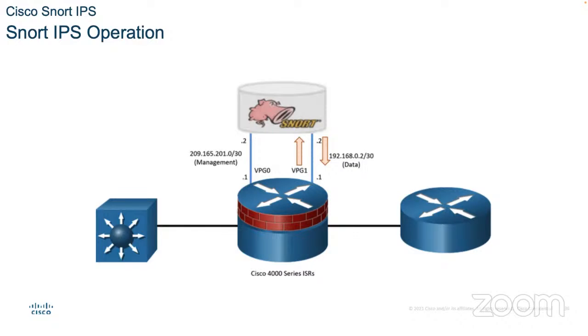You want to split up the management, how you connect to Snort to make configuration changes, from the one that flows data. For example, if you have a potential attacker and you have Snort installed, you don't want them to be able to get to the configuration of Snort. You want that to be outside of their realm.